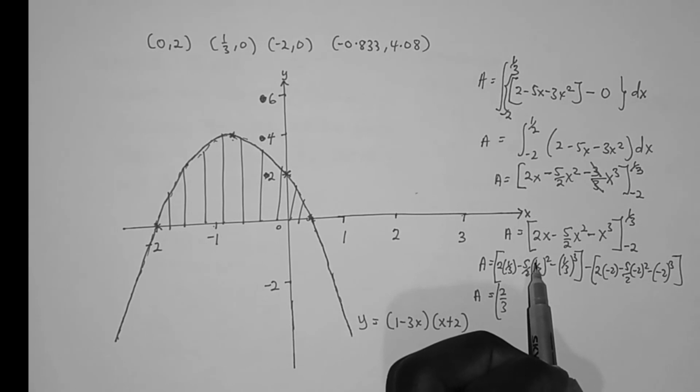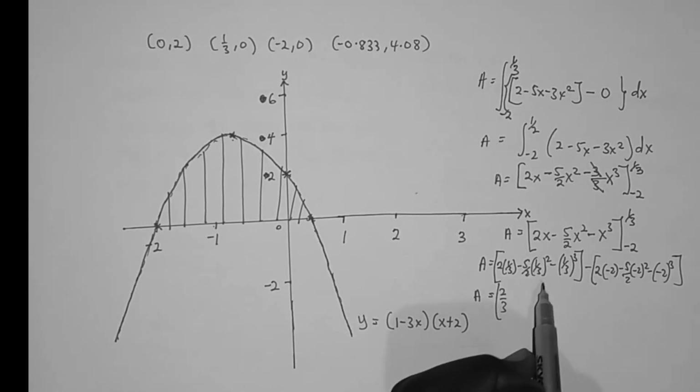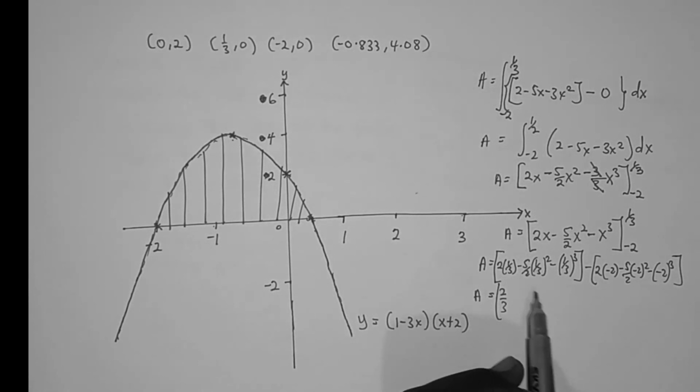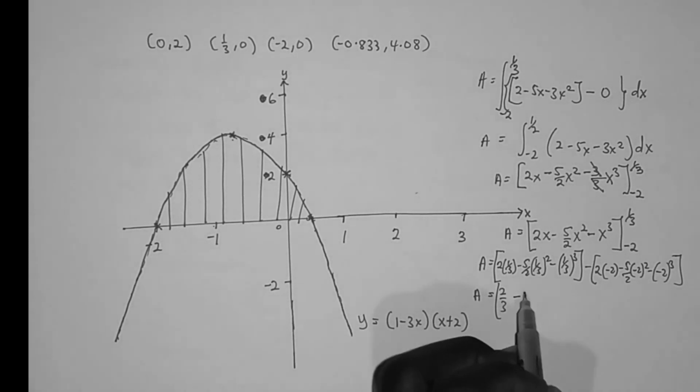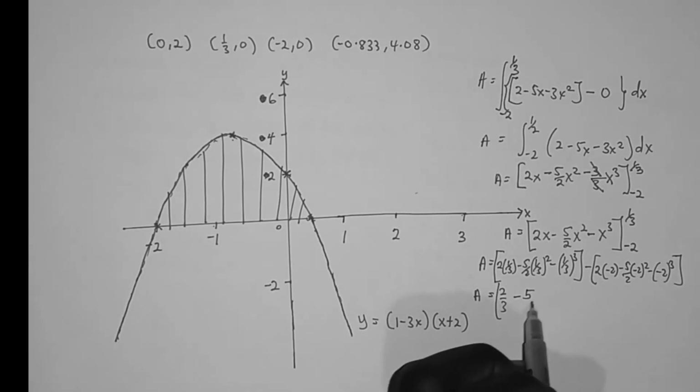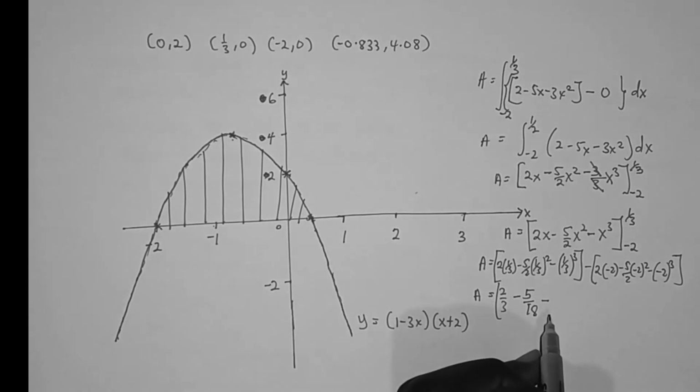Then 1 over 3 squared is 1 over 9 times minus 5 over 2 becomes minus 5 over 18. Then minus 1 over 3 cubed is minus 1 over 27.